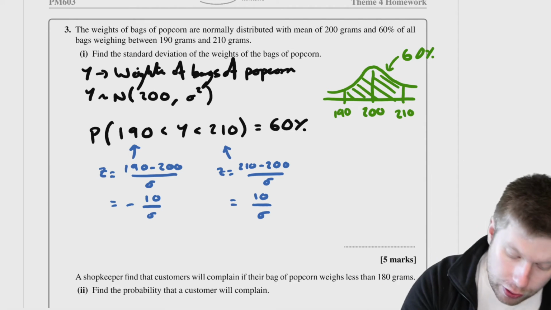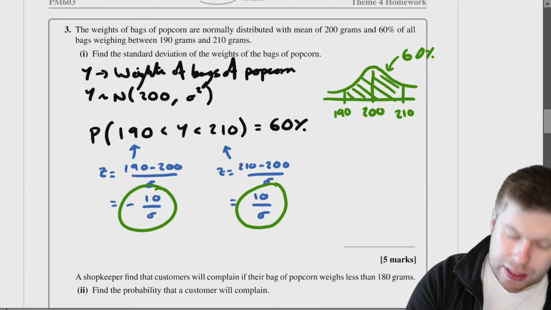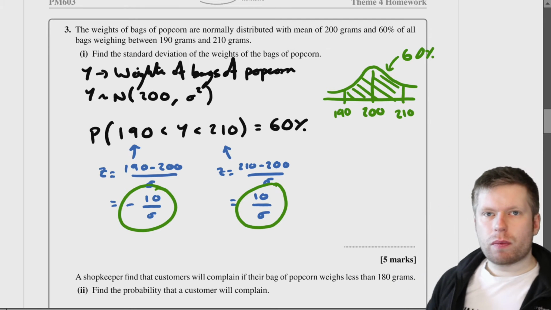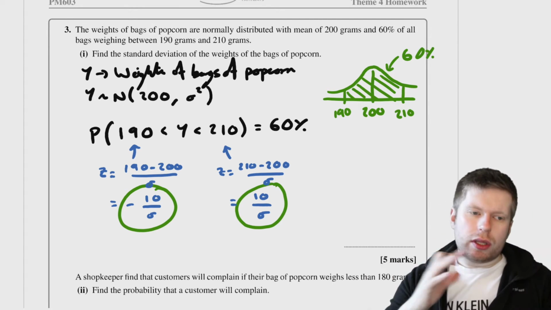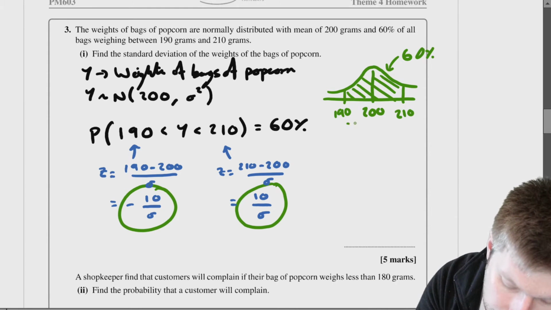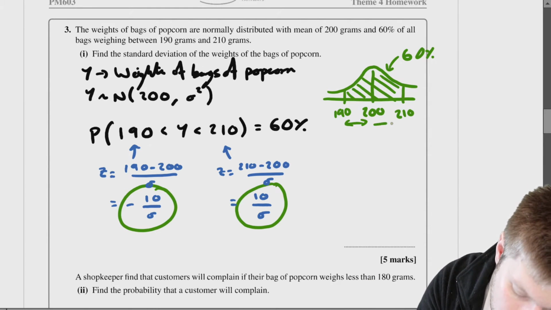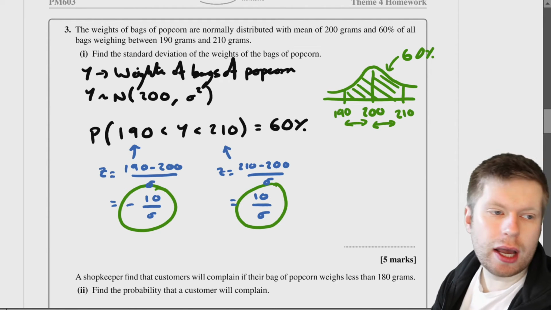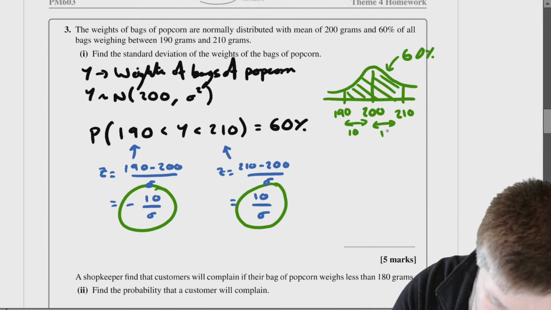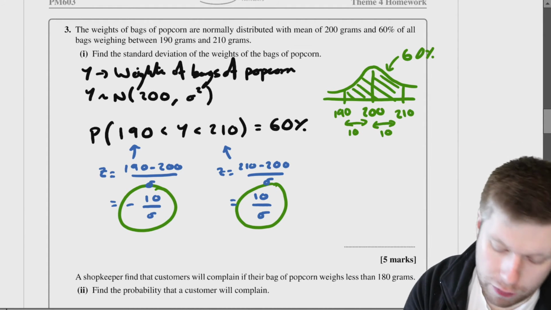The reason I know that is because negative 10 over sigma and 10 over sigma are just negatives of each other, so the units of standard deviation from the mean tell me that this is evenly distributed. You can also see this from the curve, because 190 lies 10 units below the mean, and 210 lies 10 units above the mean.